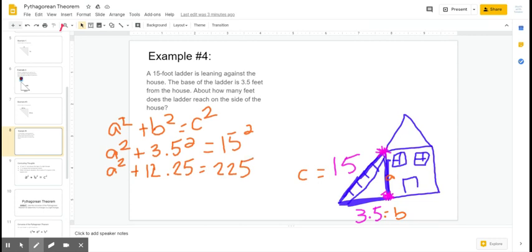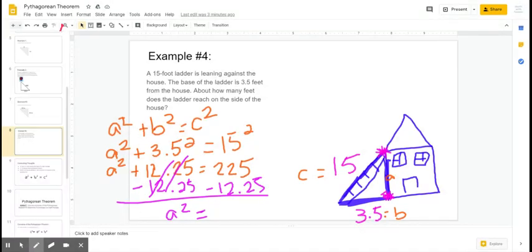All right, and now we can continue to solve this equation. I'm going to use a different color here. So we're going to subtract 12.25 on both sides. These cancel out. You're left with A squared equals 225 minus 12.25, which will get you 212.75.